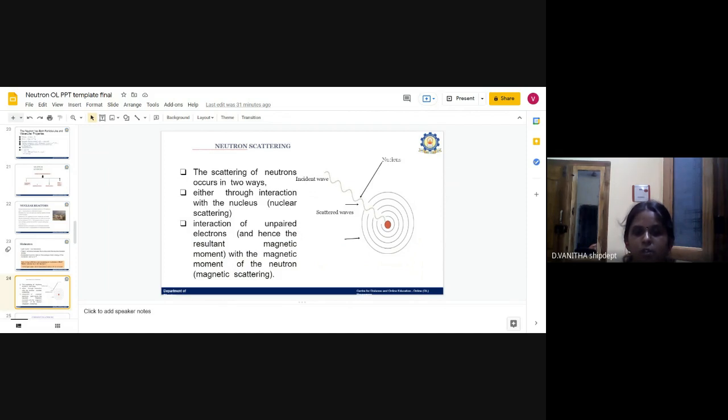So here the magnetic moment of the electron and the magnetic moment of the neutron are compared. The incident waves are scattered by the nuclei, and there is an interaction of unpaired electrons with the magnetic moment of the neutron.